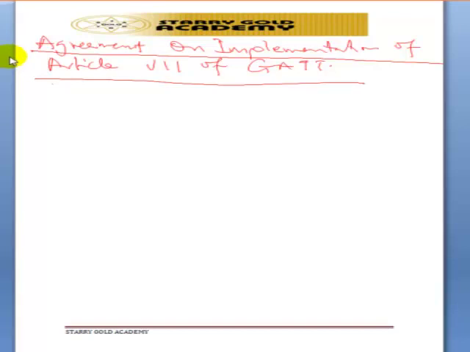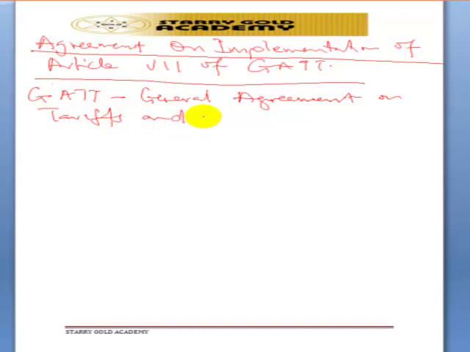Remember, GATT is the General Agreement on Tariffs and Trade.